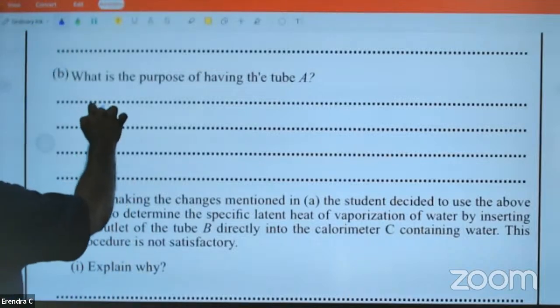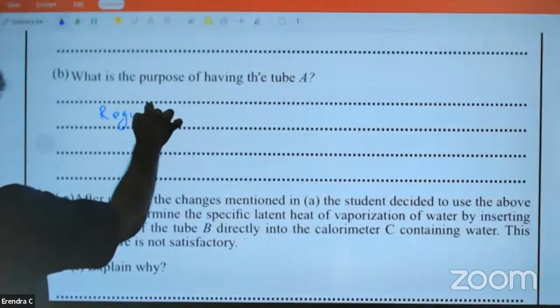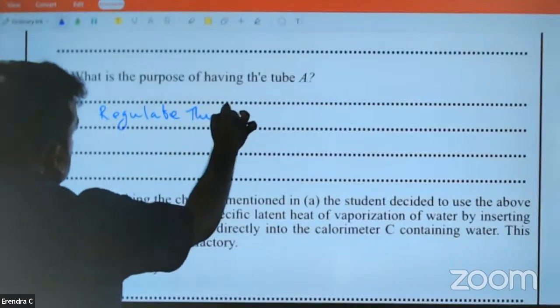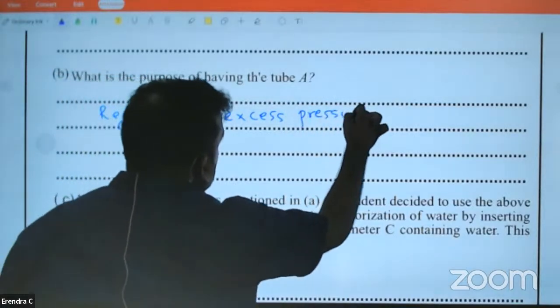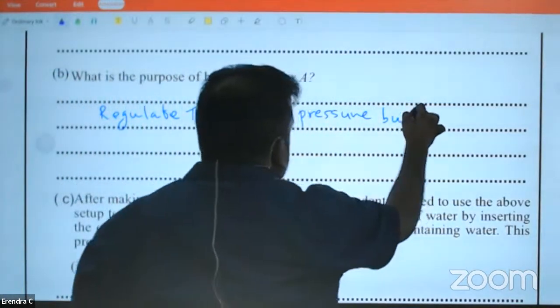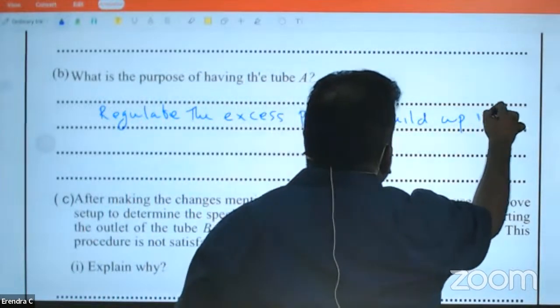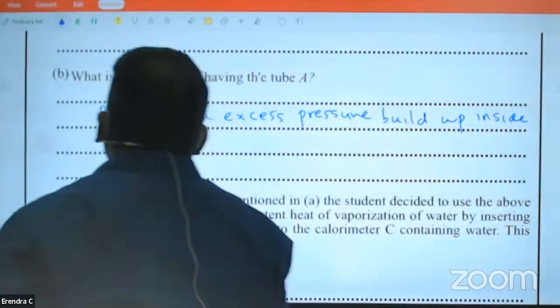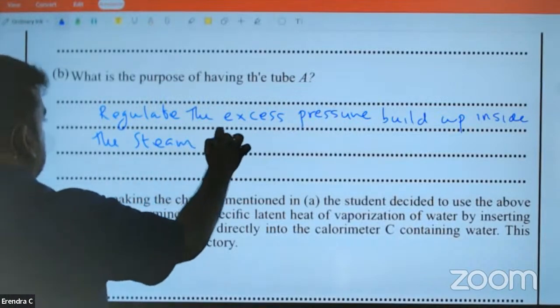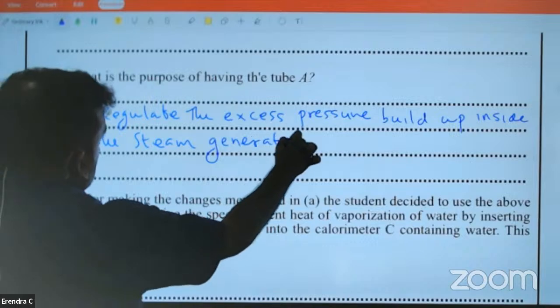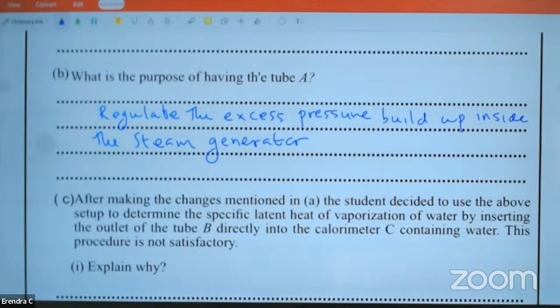So you can say regulate the excess pressure buildup inside the steam generator. Okay, no? Right.